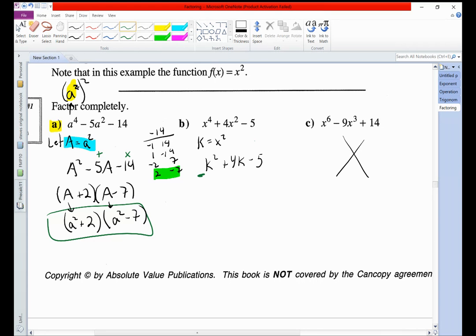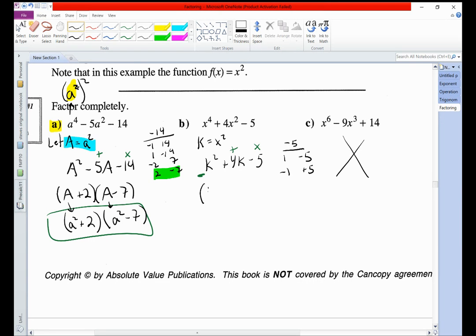So I'm looking for two numbers that multiply to negative 5 and add to positive 4. Well, if we're multiplying to negative 5, we can do 1 and negative 5, and that actually does not add. It's negative 1 and positive 5. So negative 1 plus 5 gets us positive 4, and when we multiply that, we get negative 5.